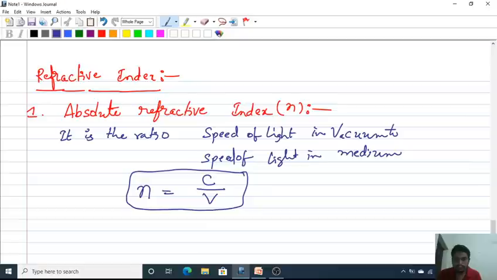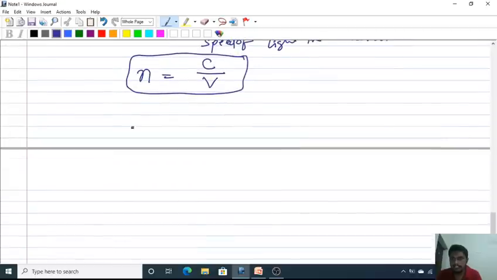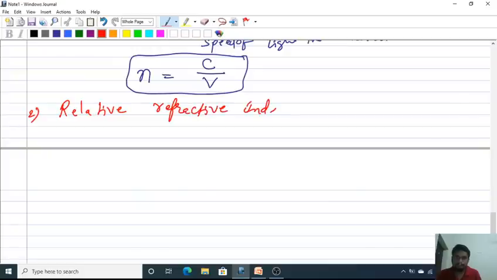Now the second quantity: the relative refractive index, represented by n12 or n21.